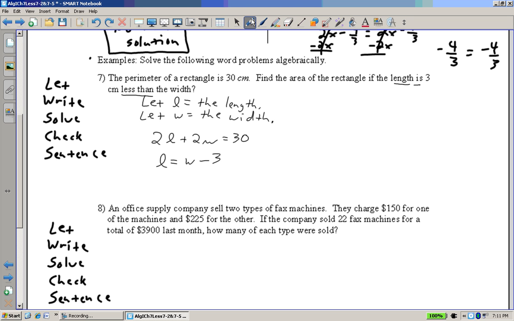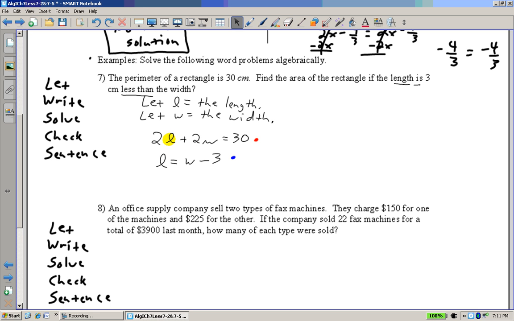And now you notice this is set up. We could have our traditional red equation and our blue equation, just like we have had before. Let's try to figure out which one is going to be easier to solve for. If I look at the length here, we could divide by 2.